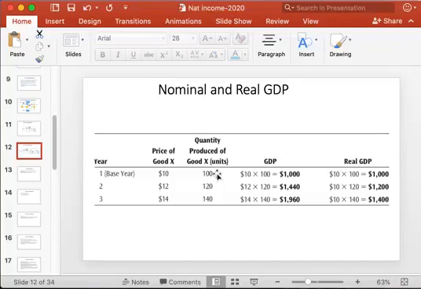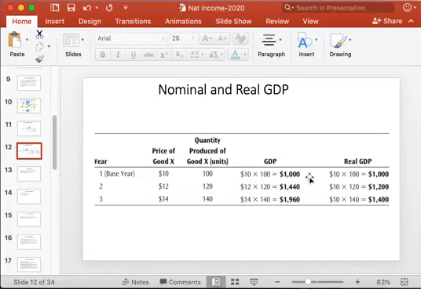And that is what we want to see actually. We want to see that the economic activity has increased, and that the increase in GDP is not because of a change in the purchasing power of money.